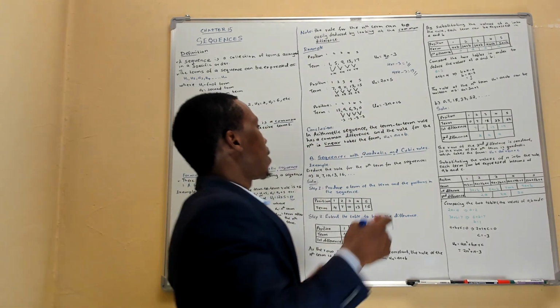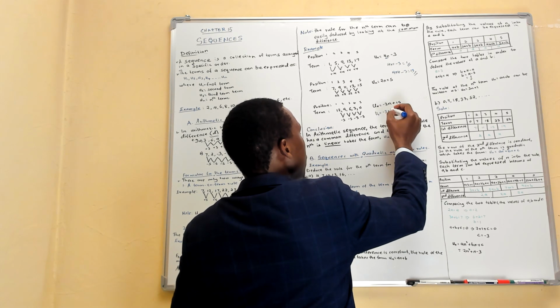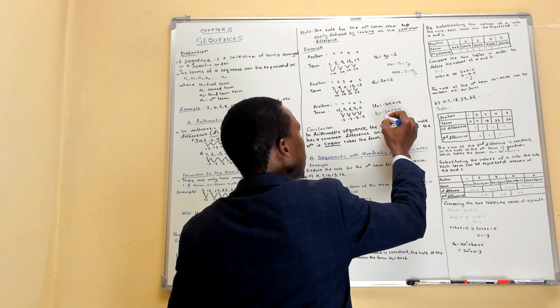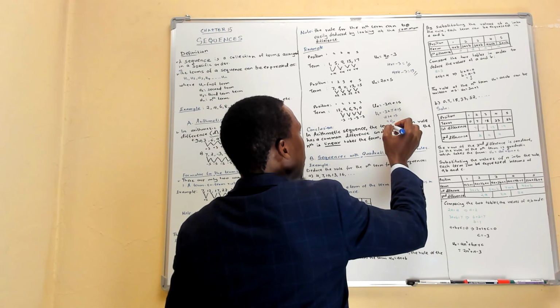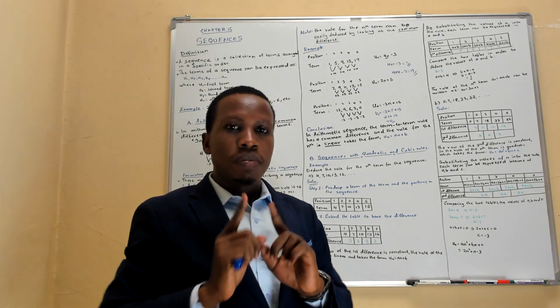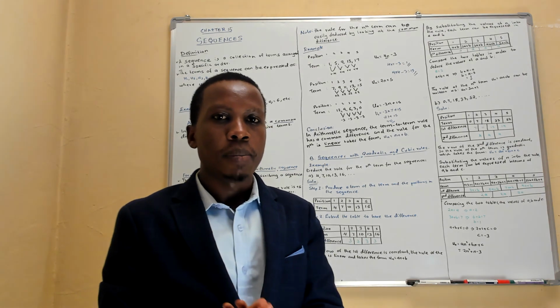So if I need to get the 7th value, I'll need negative 3 times the position, which is 7, plus 15. So negative 3 times 7 is negative 21. Negative 21 plus 15, that is negative 6. And that is why we are saying this is very helpful when you are asked in a question to get any term of a sequence.